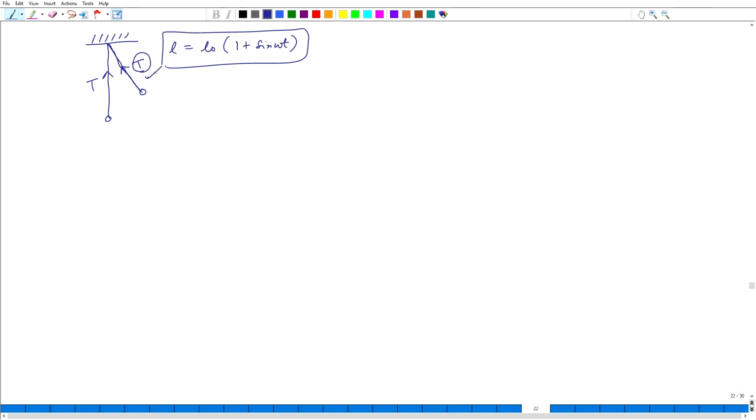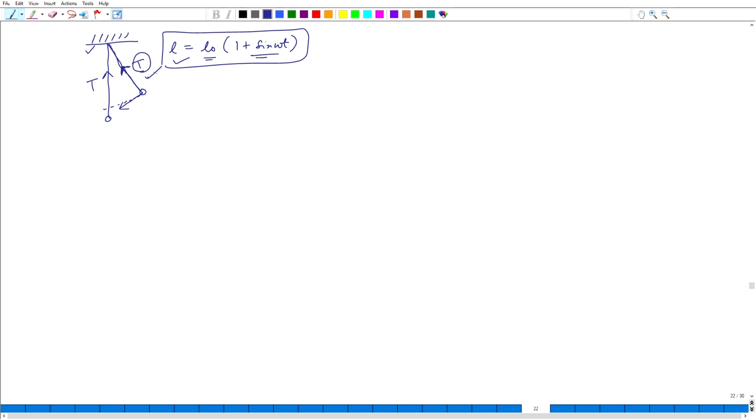But if the length is constant in time, then the tension force is perpendicular to the direction of the motion of the particle, that we all know.